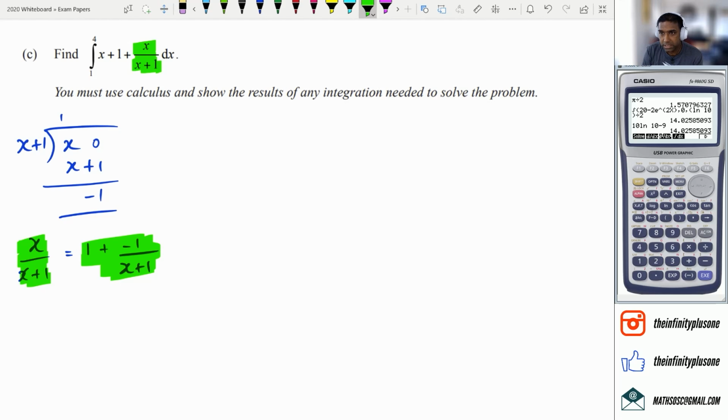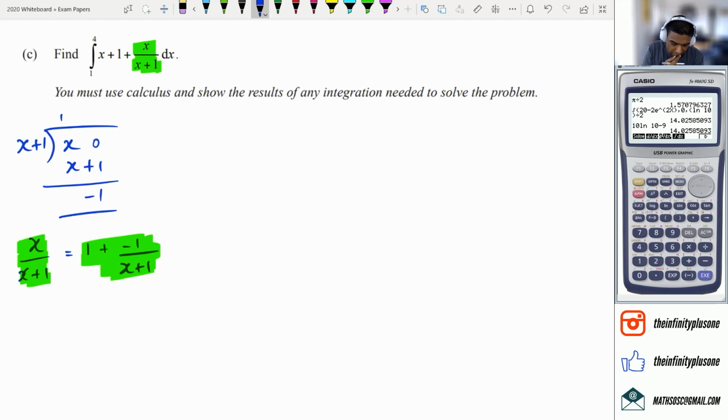The other way of doing this is by substitution. If you're not comfortable with long division, then substitution will work really well as well. As I said, you can do this question two different ways, long division or substitution.